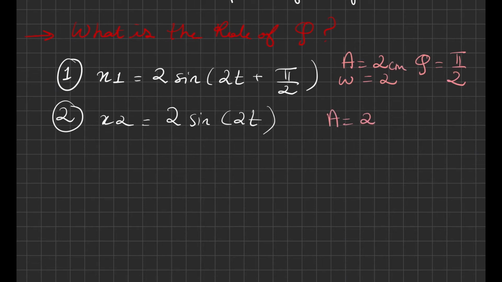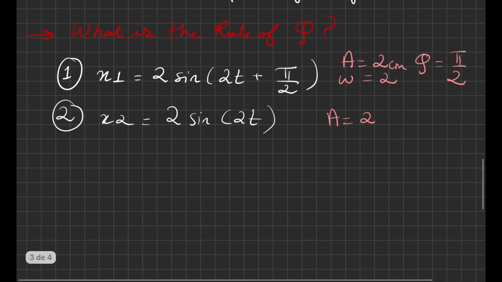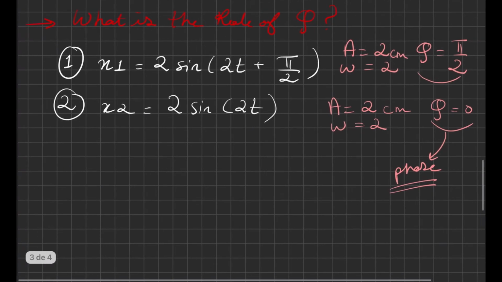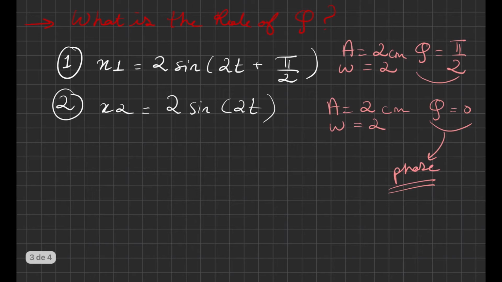Here, the amplitude as well equals 2 centimeters, and omega equals 2 as well, but phi equals 0. So they are the same function, but what differs is the phi. We call this phi the phase. Okay, let's see what this phase does.